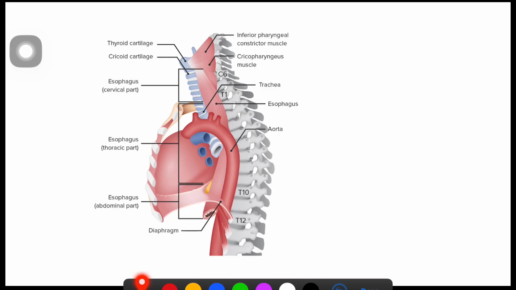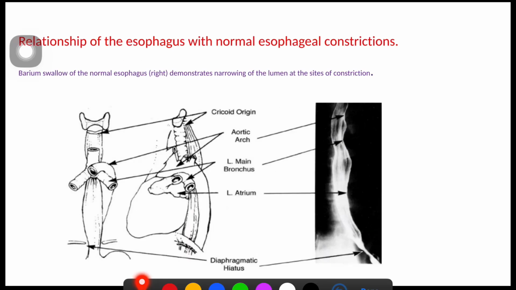So, in this picture you can see the esophagus, cervical part, thoracic part and abdominal part, with its association to all the organs surrounding the esophagus. Now, when we see a barium swallow of the normal esophagus, it demonstrates certain normal constrictions.